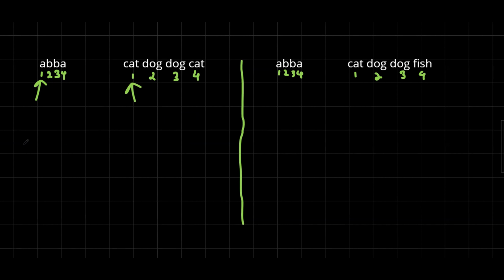So now we have to add the index number of a, which is 1, and we have to add the index number of dog, which is 1. Before that, we have to check whether their last appearance is equal or not.